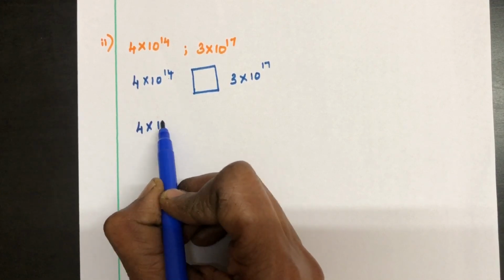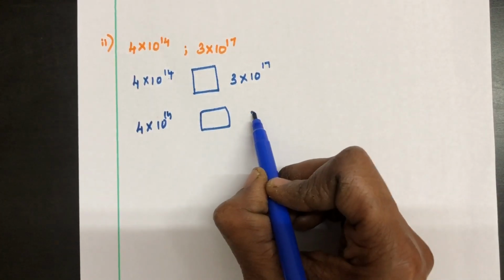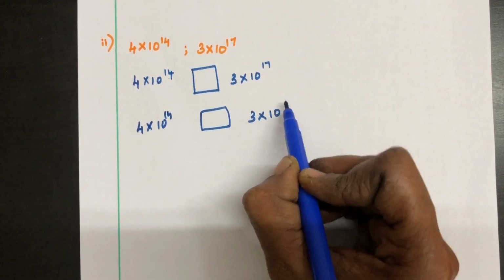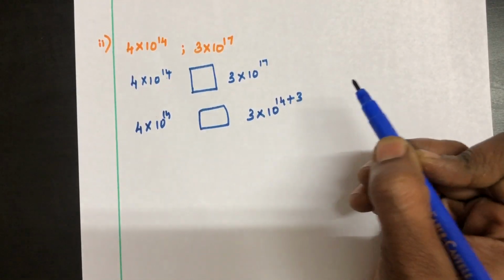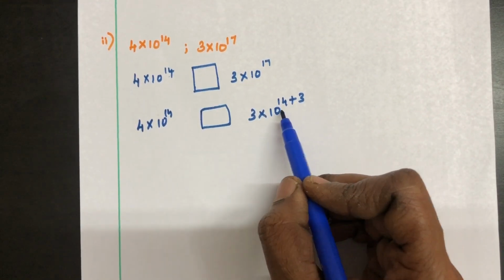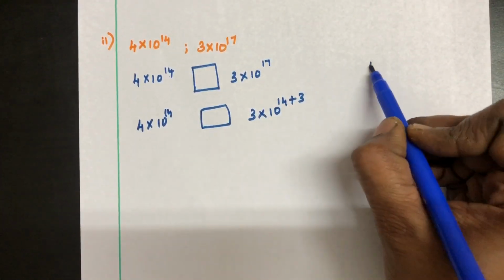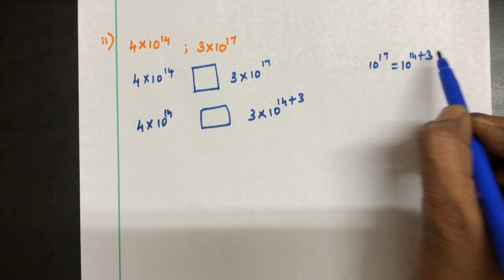4 into 10 power 14. We are going to compare this with 3 into 10 power 17. This 17 can be written as 14 plus 3. Can we write like this? By using the exponent formula, 10 power 17 can be written as 10 power 14 plus 3, right?